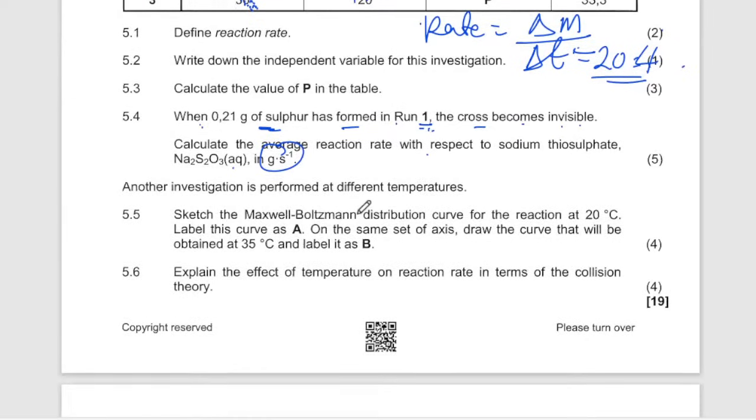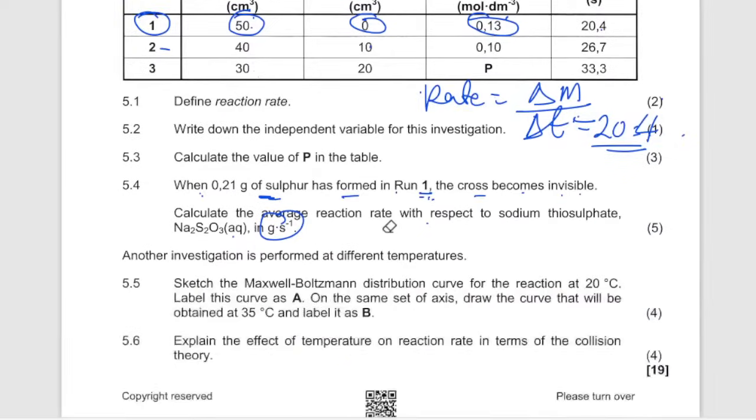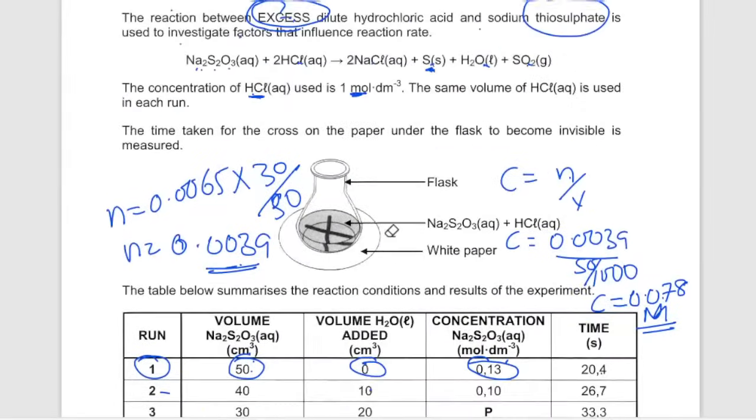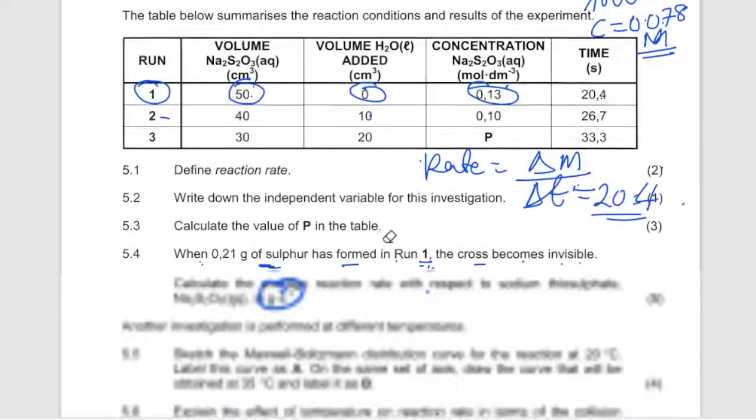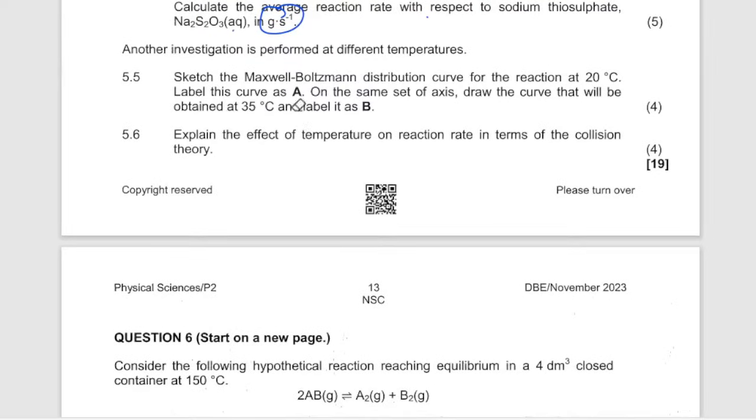Sketch the Maxwell distribution curve for the reaction at 20 degrees C. 20 degrees C, where is it? Okay, here. So it means the 20 degrees C, and then label it on the same axis, then it will be obtained at 35 degrees C.